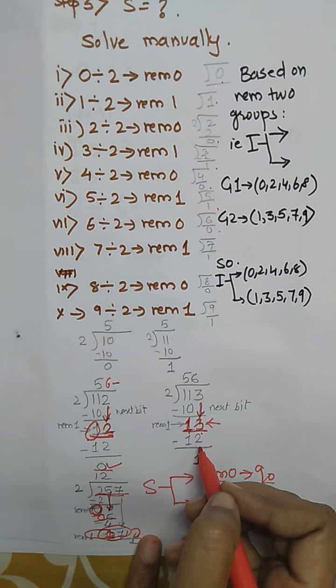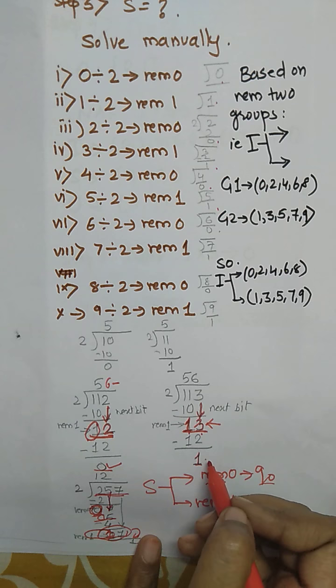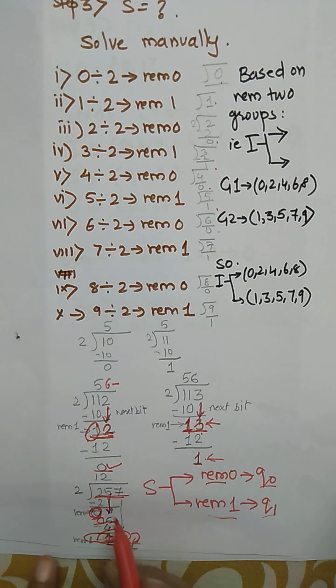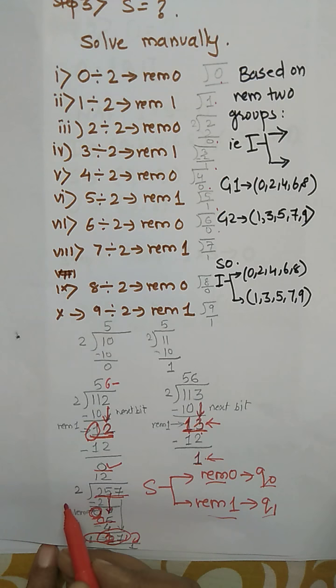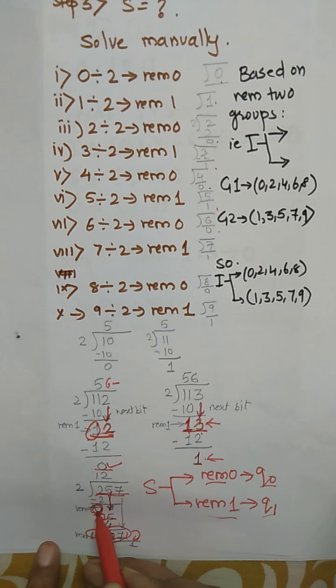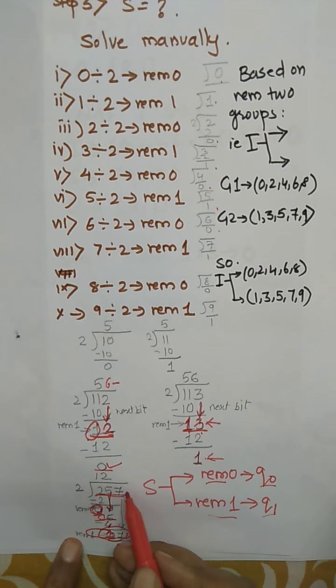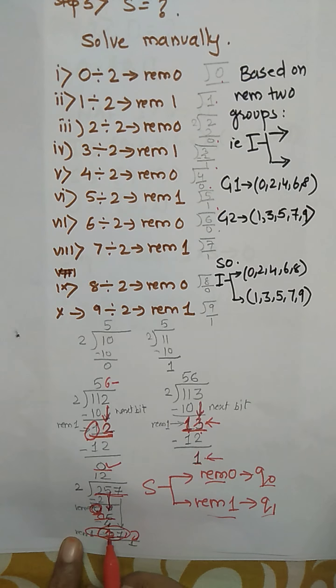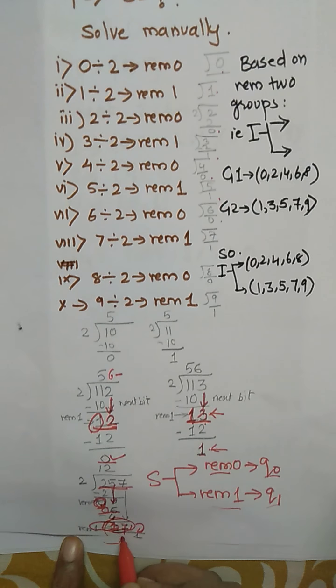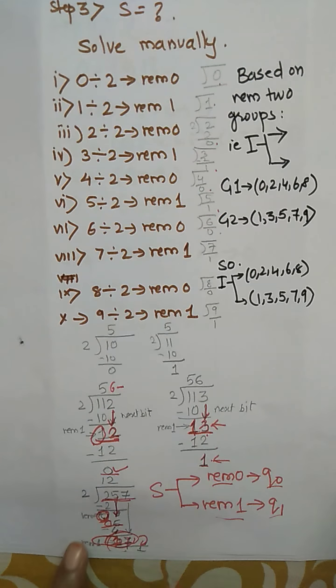Is 13 divisible by 2? No, it produces remainder 1. Similarly 257, where the previous remainder is 0 and the next bit is 5, the remainder is 1, with the next bit as 7. So 17 is generated. What is the remainder of 17?